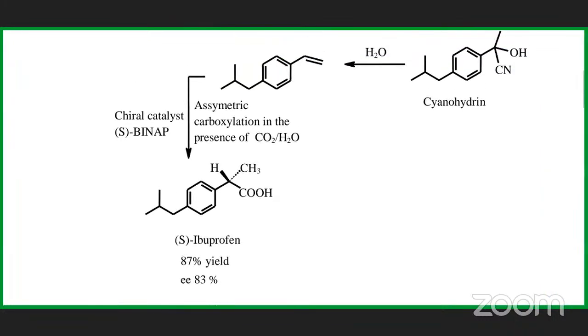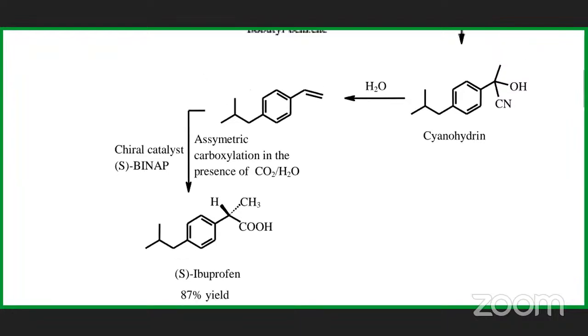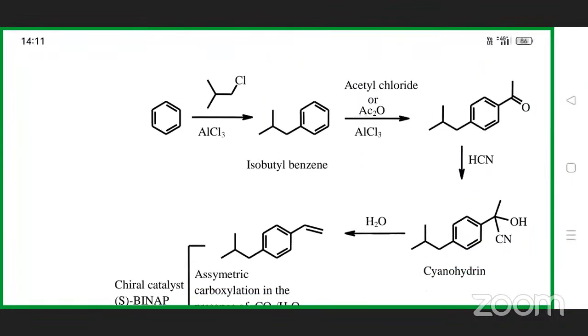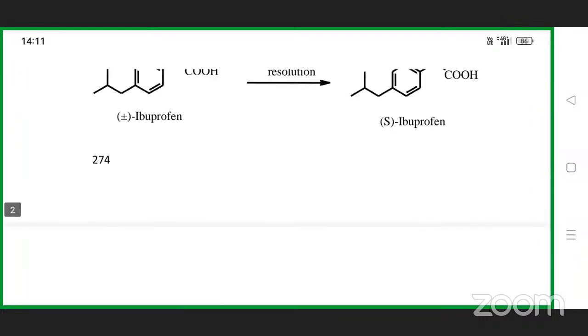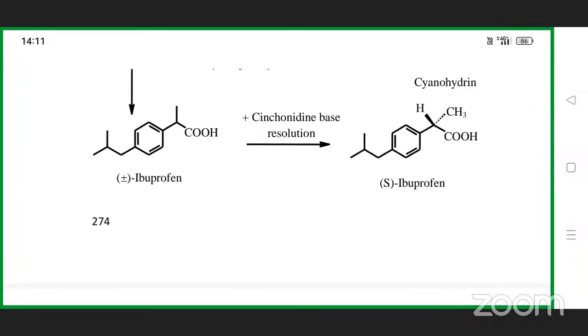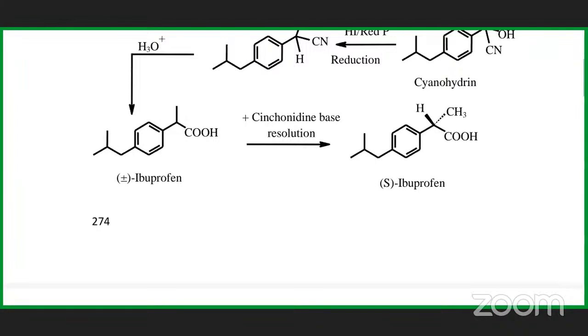The advantage of the chiral catalyst is that we won't get the racemic mixture. In the previous, above case, you can see we got the racemic mixture, plus and minus ibuprofen.